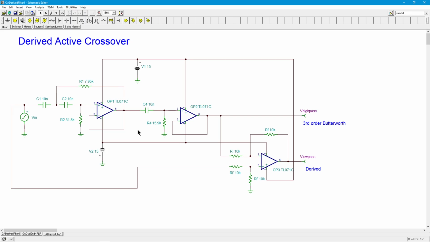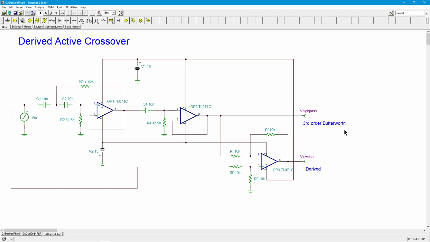And if you're only watching the videos, you can download my textbooks for free, right? Just follow the links that are in the video description. In any case, you'll find this in chapter 11. This is a standard third order filter, a Butterworth alignment. It's tuned to 1 kilohertz. So, just coming from input, you go right to the output over here.